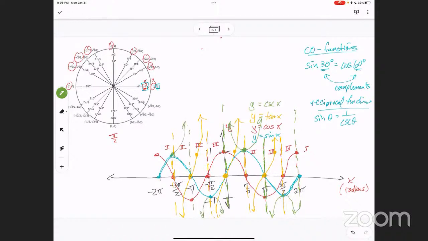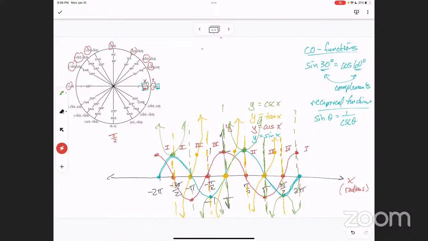And you can do the same thing for secant. And for cotangent, what you do is you change the asymptotes. The asymptotes now for cotangent are going to be where the sine equals 0. So the asymptotes are going to be the same as the green ones.